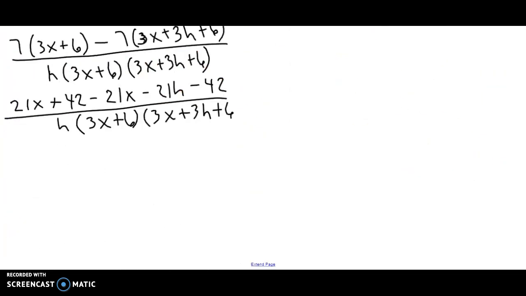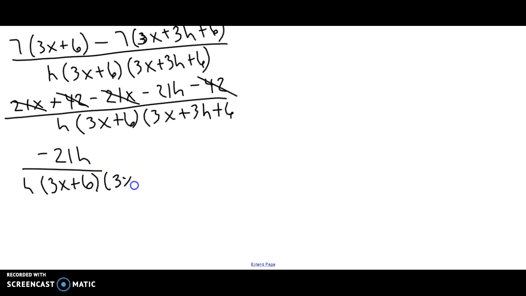All right, so then I want to look at my numerator. Are there things I can cancel? Absolutely. 21x and negative 21x, and then 42 and 42. And then I'm left with negative 21h over h times 3x plus 6 times 3x plus 3h plus 6.